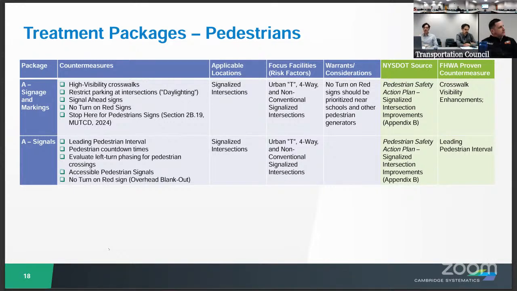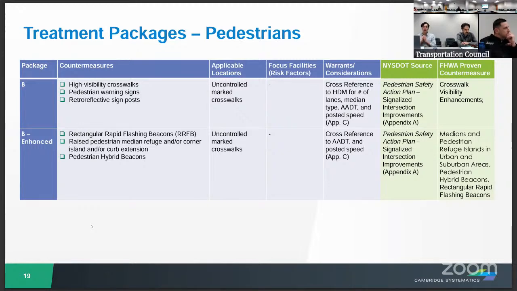Pedestrians, building upon the pedestrian safety action plan. This is one where we thought about how our packages would be delivered, so signage and markings being maybe one contract, signals being another. If folks have done different delivery methods, that'd be good to know. Also looking at uncontrolled marked crosswalks, particularly where secondary approaches across Main Street do not have a stop sign.